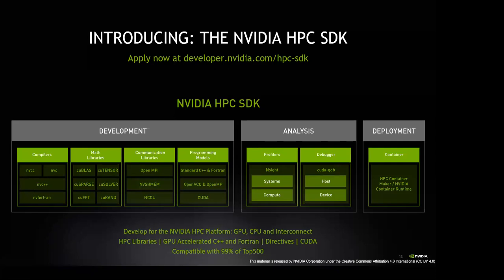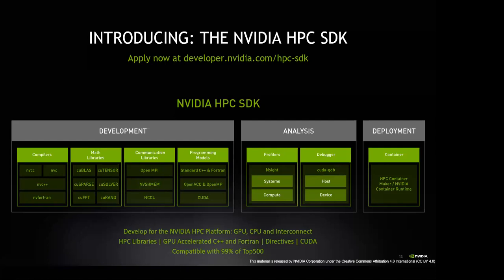And this is something new, because before, in the CUDA toolkit, we had a set of components: the NVCC compiler, plus libraries, plus profilers, debuggers. But on the side, we had other compilers, the PGI, the Portland Group compilers.